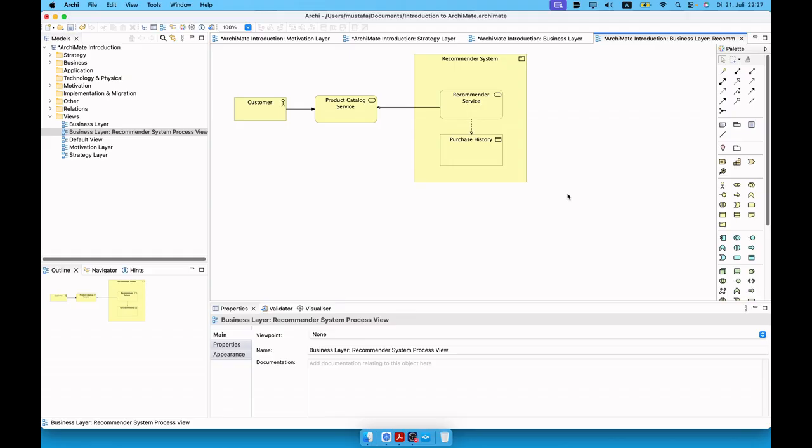One of the interesting annotations in the business domain is the representation object. A representation object looks like this.